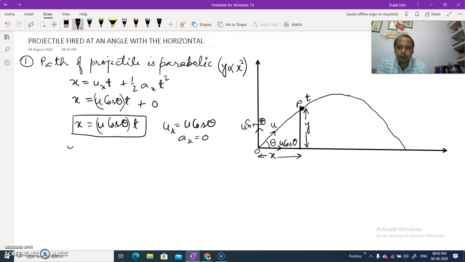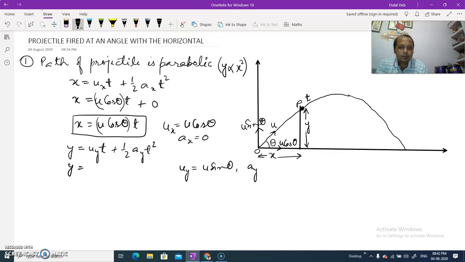Now let us consider the y-axis. The displacement along the y-axis can be given by u_y t plus half a_y t square. It is the same formula, ut plus half at square. So y is the displacement here. What is the value of u_y? The value of u_y will be u sin theta.